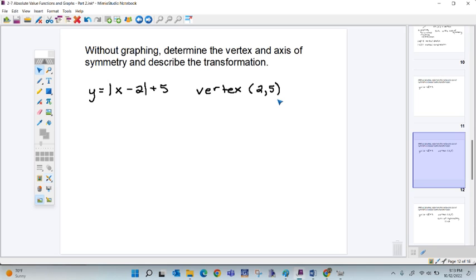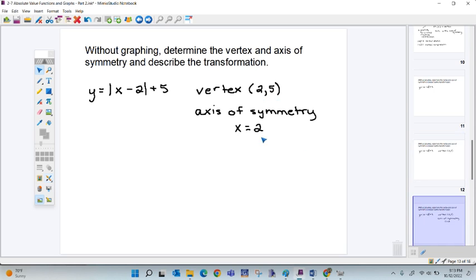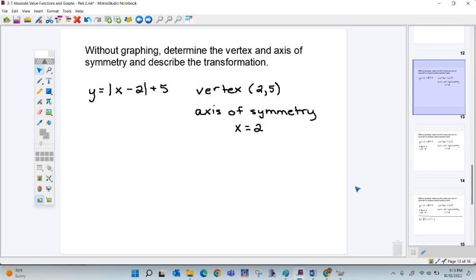Your axis of symmetry is x equals 2. Describing the transformations means that it went right 2 and it went up 5. That's the same as what we had talked about before.